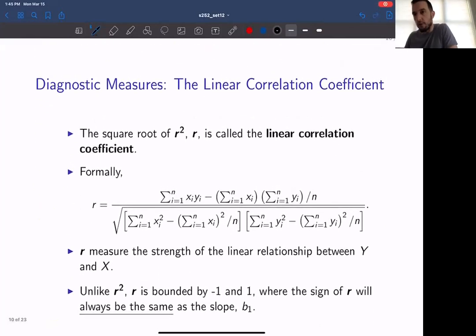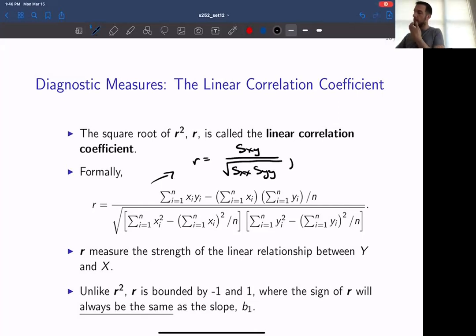Now, it turns out that R squared, the coefficient of determination, is actually just the square of the linear correlation coefficient. The linear correlation coefficient is shown here, and you can see that this is equal to SXY divided by the square root of SXX times SYY.